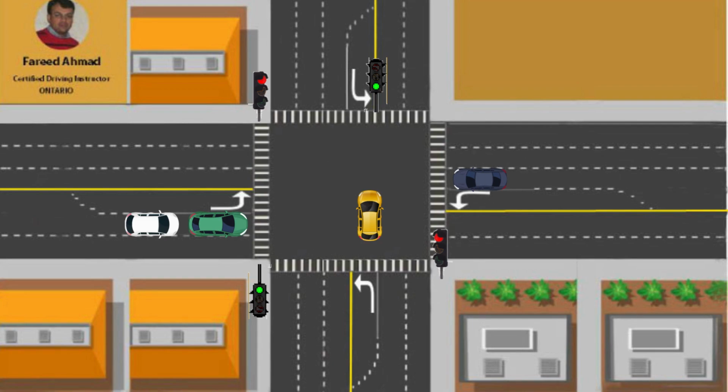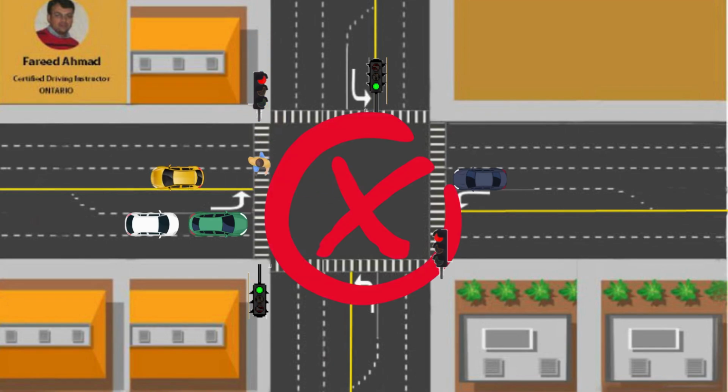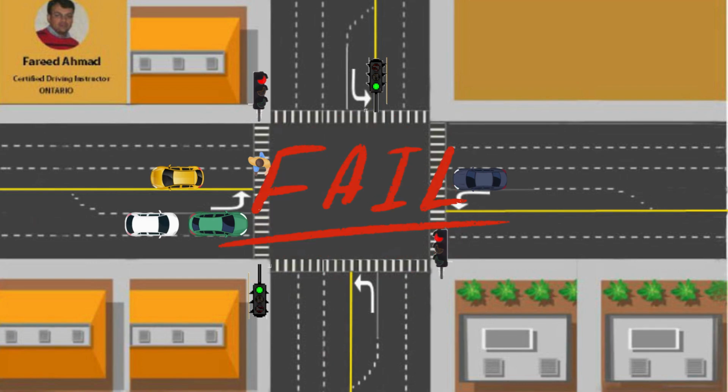However, there is a pedestrian walking on the left crosswalk from top to bottom. Please do not try to proceed further or try to go before the pedestrian. It is an unsafe move and considered a major mistake in your road test.